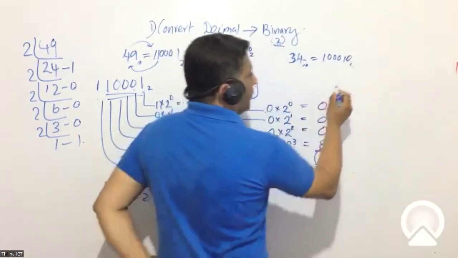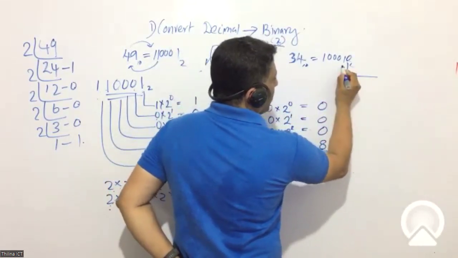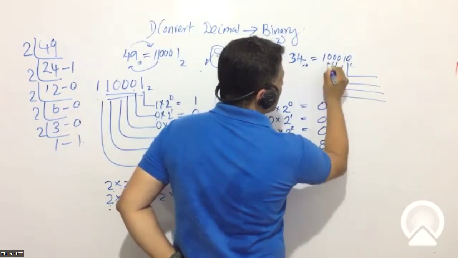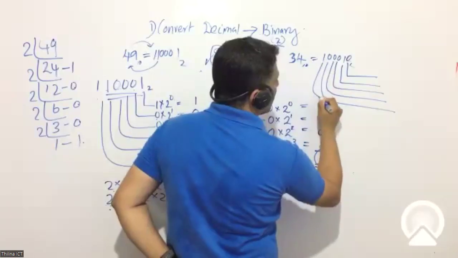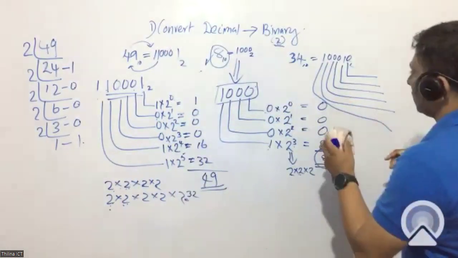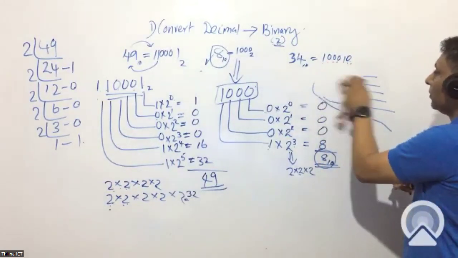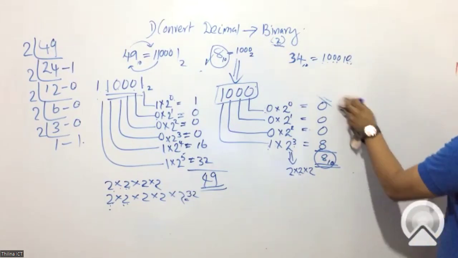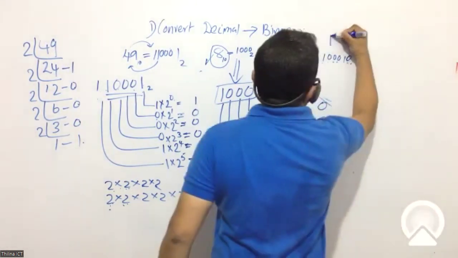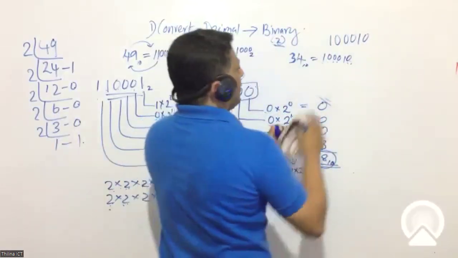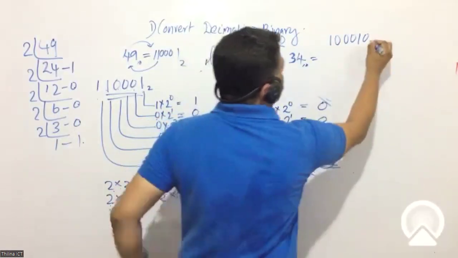So how to do that one? Separate the positions. So 1 0 0 0 1 0. I'll write here, right? That's equivalent to 34.